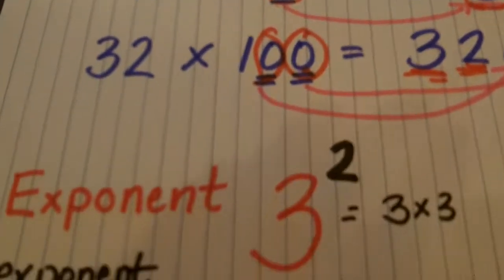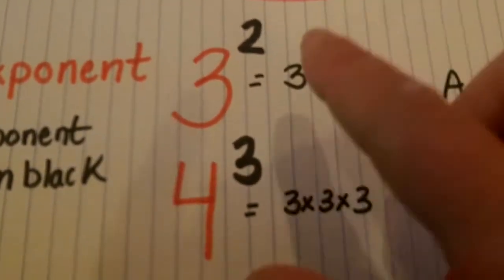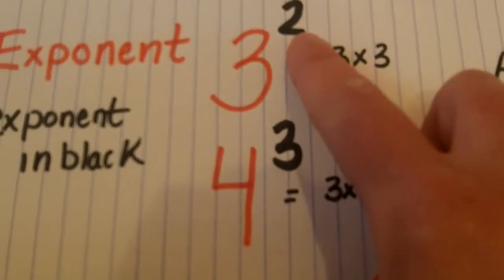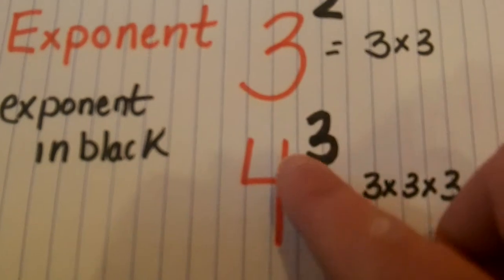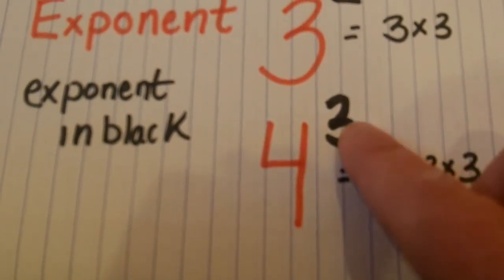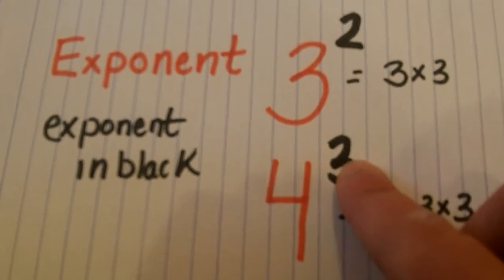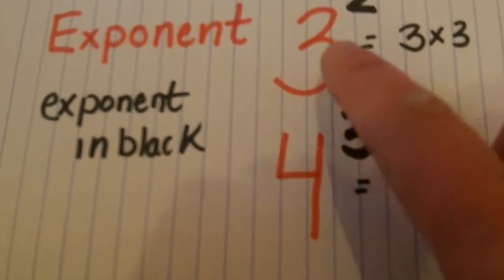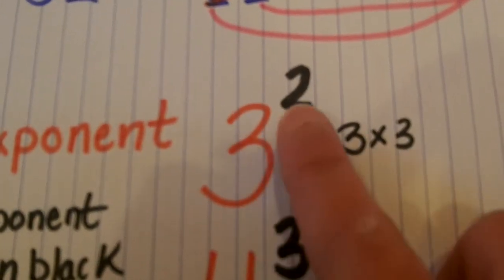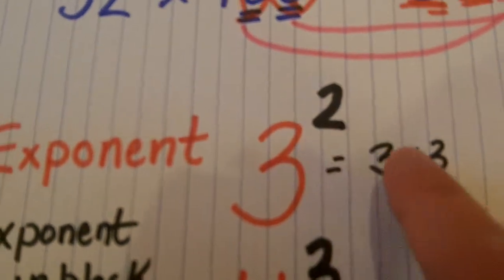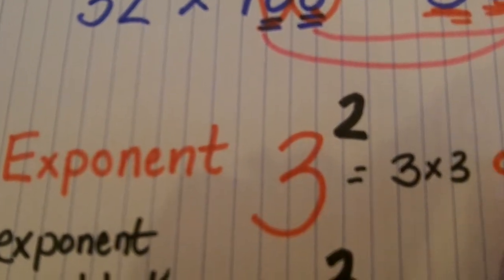So, 3 to the second power, or the exponent of 2, or 4 to the third power, or the exponent of 3. What this tells us is that we're taking the base number of 3 and multiplying it 2 times. 3 times 3, which of course would give us 9.